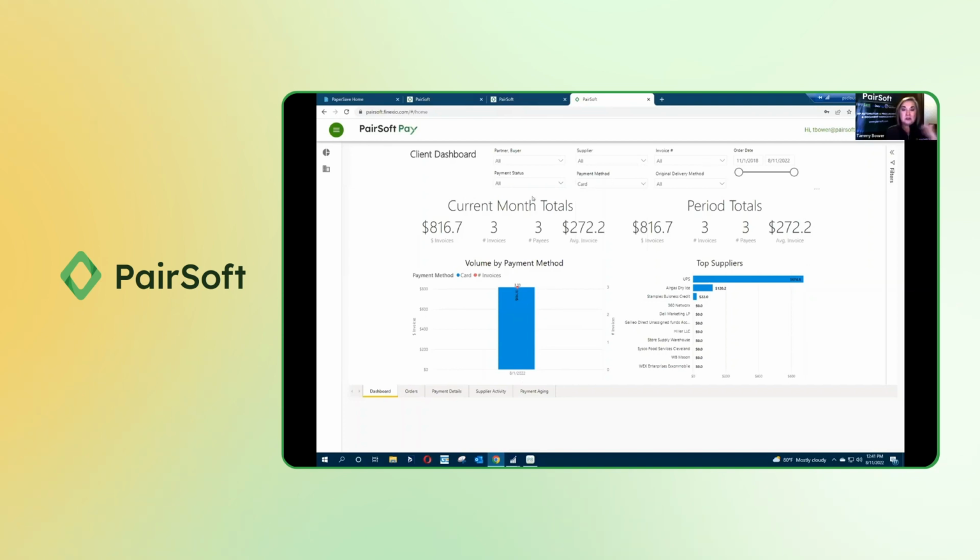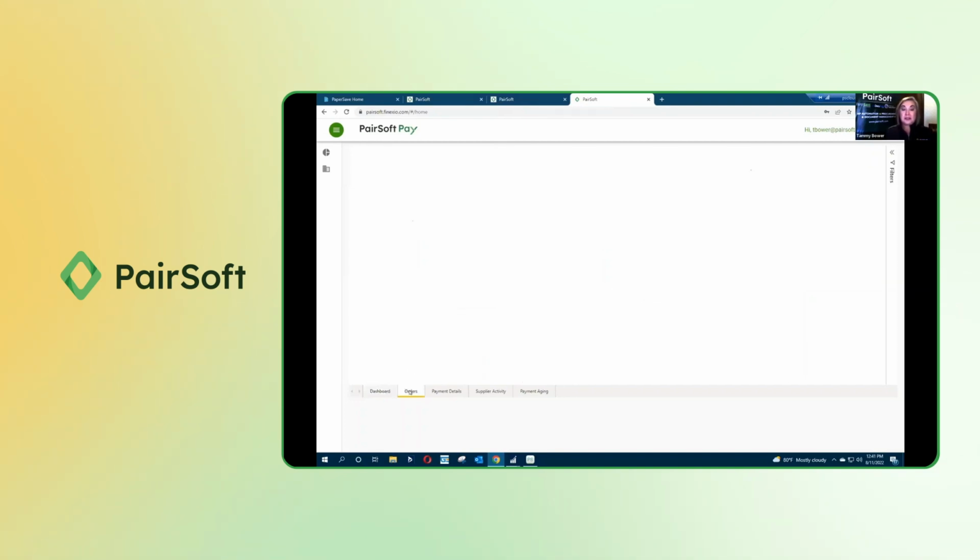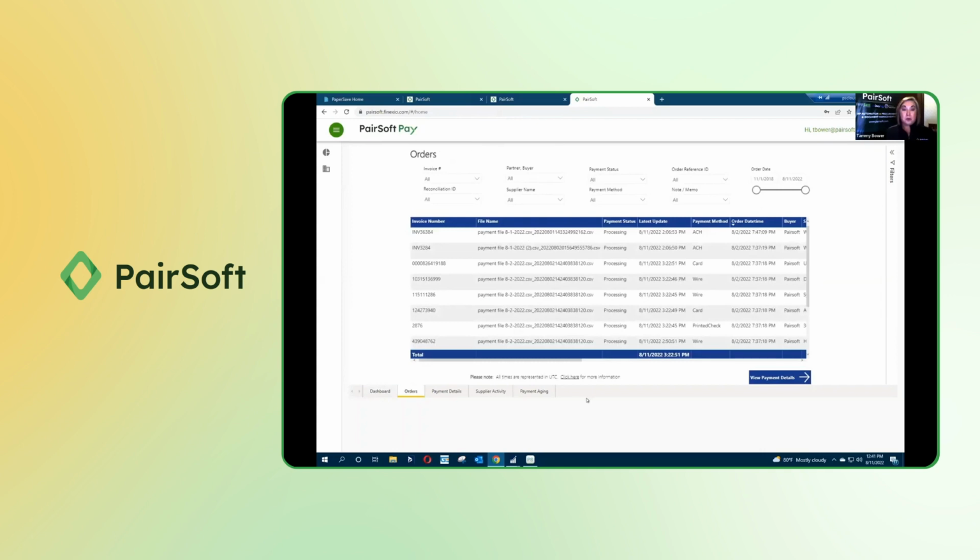And you can get to the details simply by clicking on this next tab over, which are the orders, right? So these are the invoices that have been processed. Now there are cutoff times during the day that funding is taken from your funding source. You might have a vendor or supplier with multiple invoices.